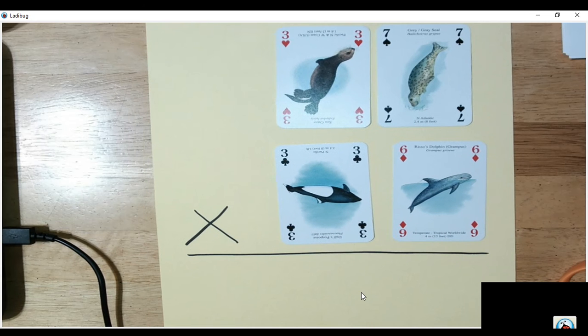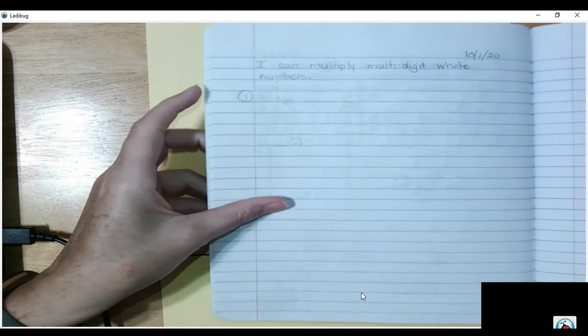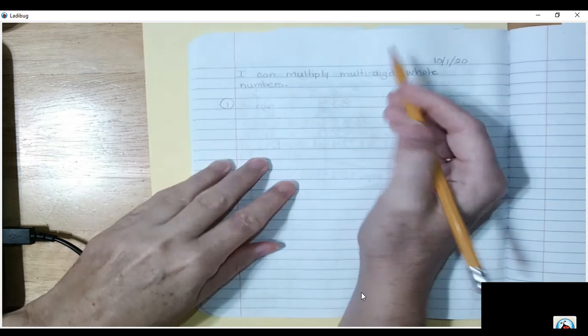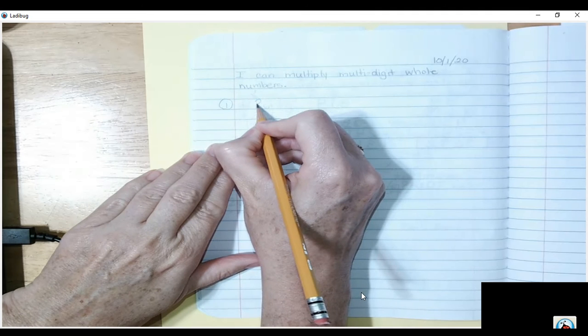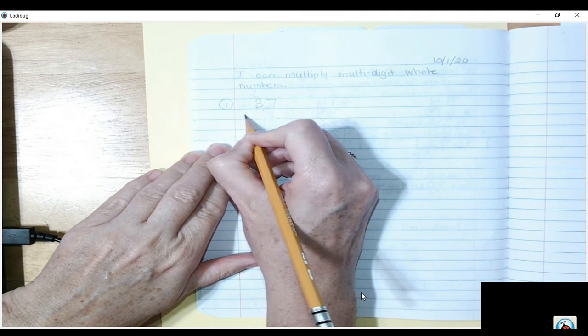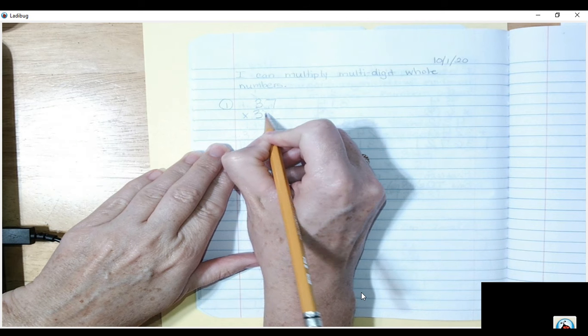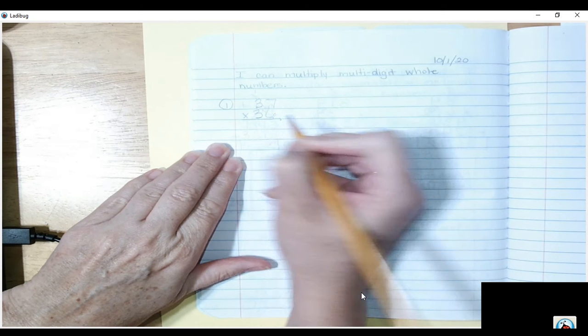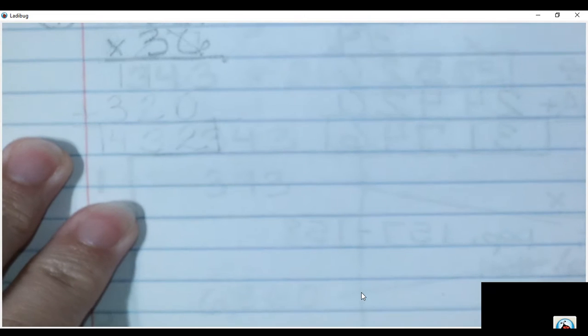Okay, I'm going to do it in my math journal. 37 times 36 on today's page. I'm going to enlarge so that you can see this very well.